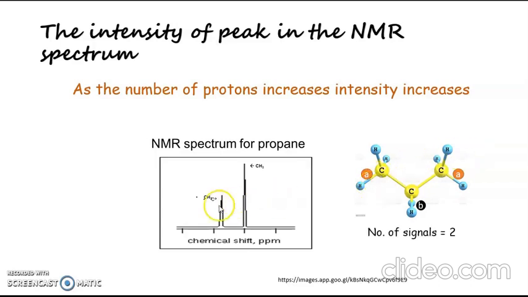The 2 methyl groups are equivalent, so they have 6 protons. The ratio is 6:2 or 3:1. The intensity depends only on the number of protons in the group.